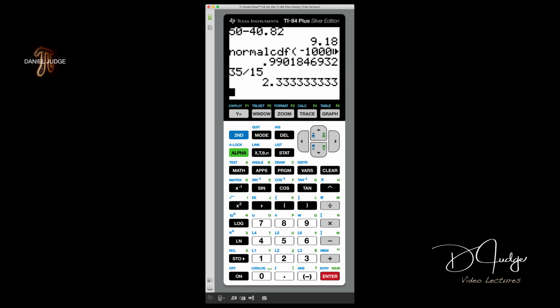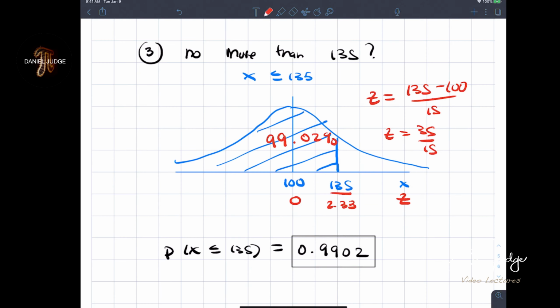That's the Z value. We find the area that's between 0 and 2.33, because by the tables to the left we got 50%, and to the right we don't know what that is.